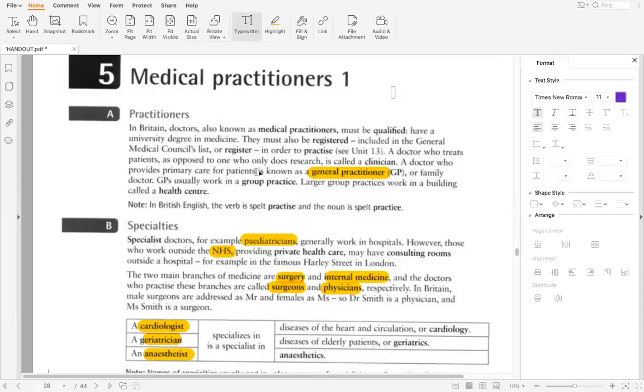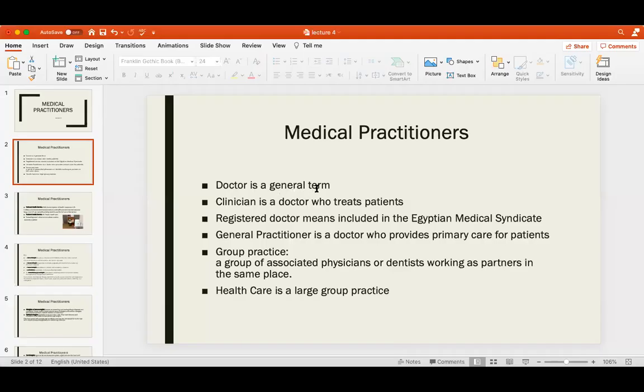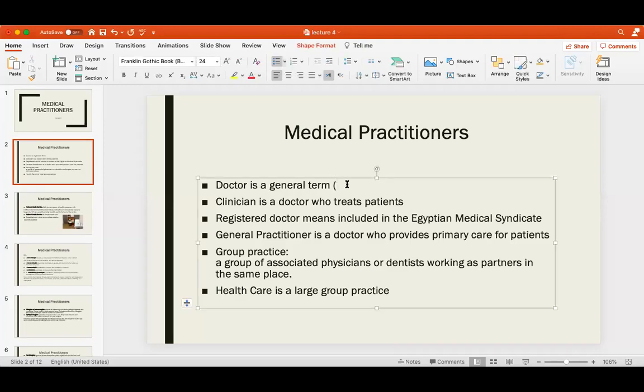A doctor who treats patients, as opposed to one who only does research, is called a clinician. What is the meaning of this sentence? Doctor is a general term. It refers to anyone who does research.